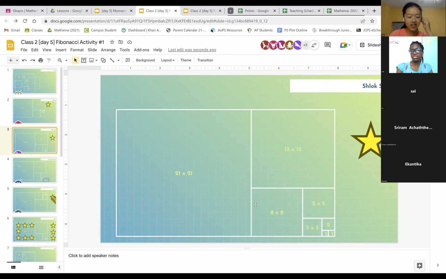Notice how other people made rectangles using different arrangements of the squares, but in all of them there are always two squares bordering a bigger square, and the two smaller squares bordering the bigger square are the two previous Fibonacci numbers, because if you put those numbers together, they add up to equal the side length of the bigger square.